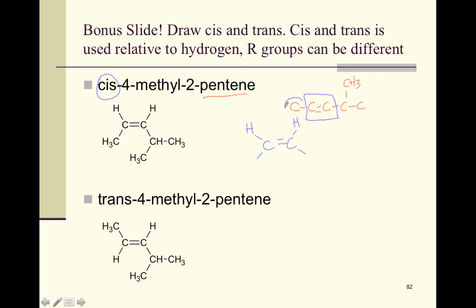What's left over is this carbon here. That's on this carbon, so I need to put a CH3 here. And what's going on over on this side? I've got this whole piece here I have to add. Well, first thing is I'm going to draw this carbon bonded, then this carbon, and then this CH3.